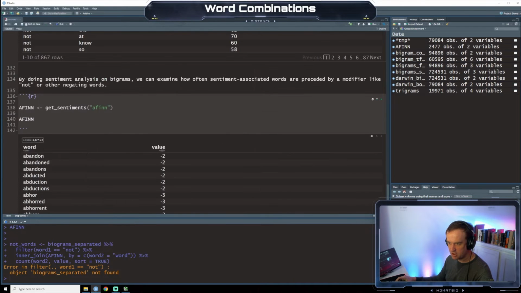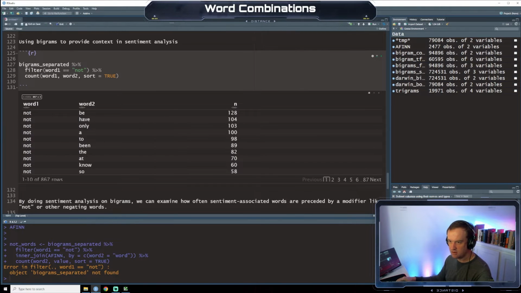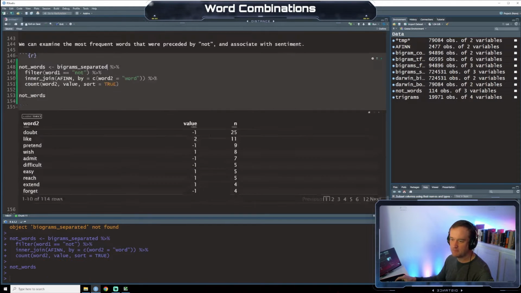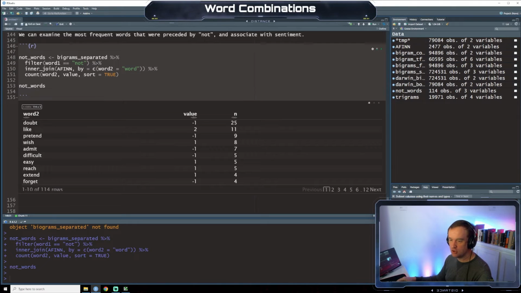Bigrams separated. I misspelled something, so I'm just going to copy my cheat, I said biograms. Bigrams separated. Okay, so we have not doubt. Interesting.